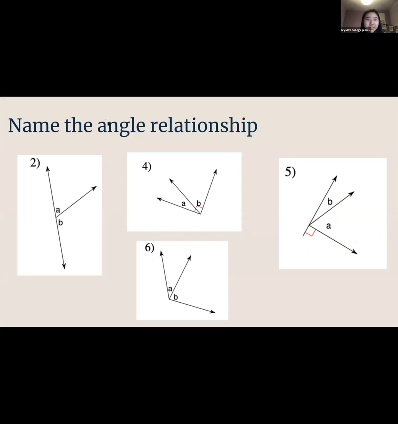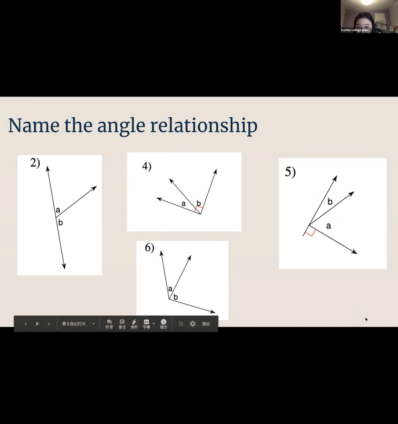Okay, so right now you're gonna name the relationship together about them. So let's practice one together with Roger, just number 2.